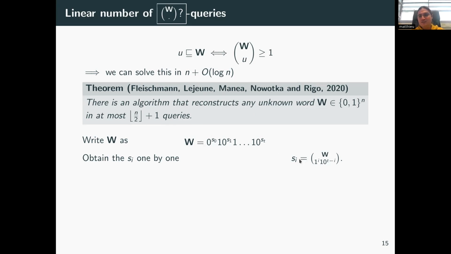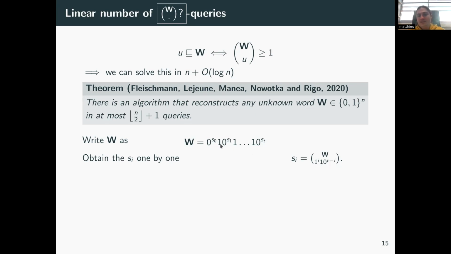Why is that? Well, there is a simple query that gives you s_i. You can just ask this query with, oh, there's a typo again. It should be 1 to the i, 0, 1 to the t minus i, which means that I have t occurrences of 1.